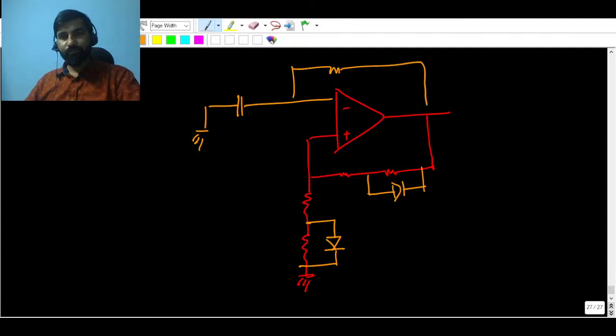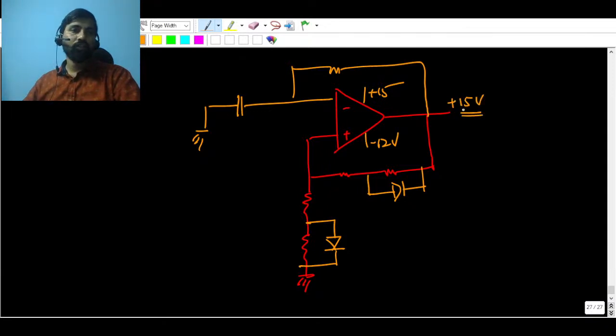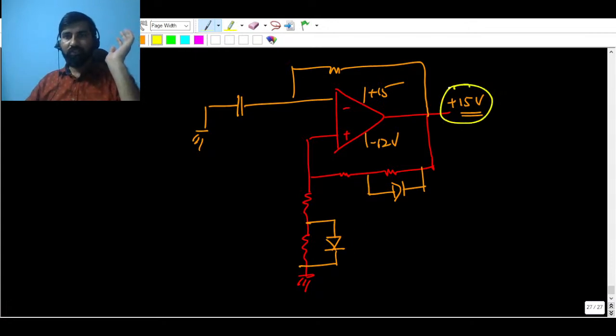Initially there is 15 volt and minus 12 volt, so say your Vout is 15 volts. When 15 volt is there, this D will be off and this D will be on. This diode will be removed, open circuited, because it will be in reverse bias.